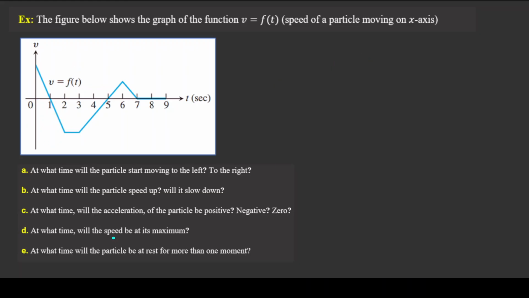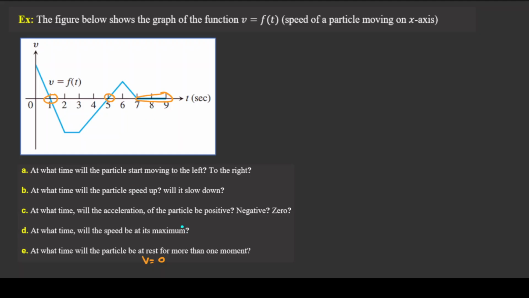Okay guys, let's solve part E: at what time will the particle be at rest for more than one moment? The particle will be at rest when velocity is 0, right? On the given graph of velocity, that happens at t equals 0, t equals 1, t equals 5, and from 7 to 9.